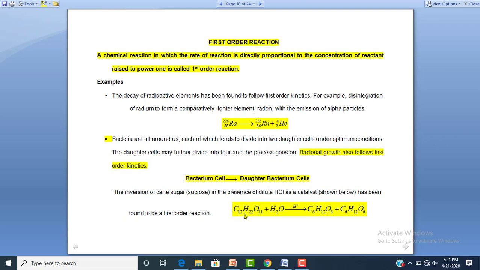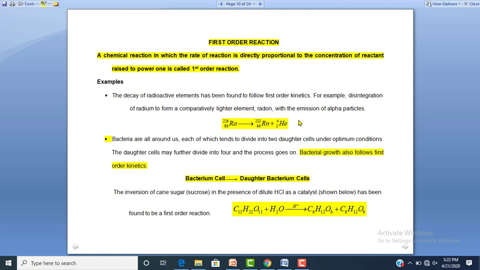So the first order reaction is a chemical reaction in which the rate of reaction is directly proportional to the concentration of reactant raised to power 1. And the examples of the first order reaction are the disintegration of radium-226 into radon 222, the disintegration of radium into radon and helium nuclei or other radioactive elements into daughter nuclei.